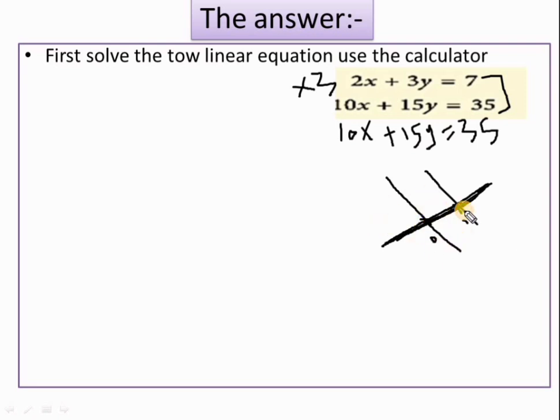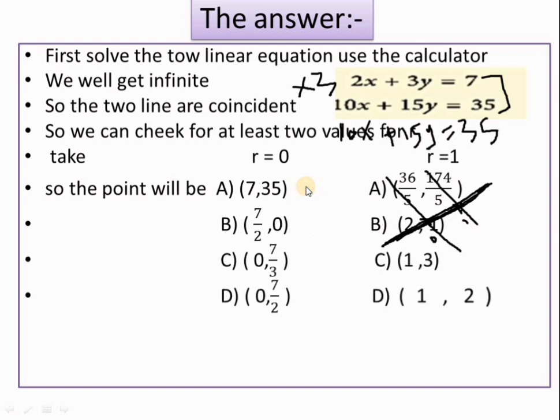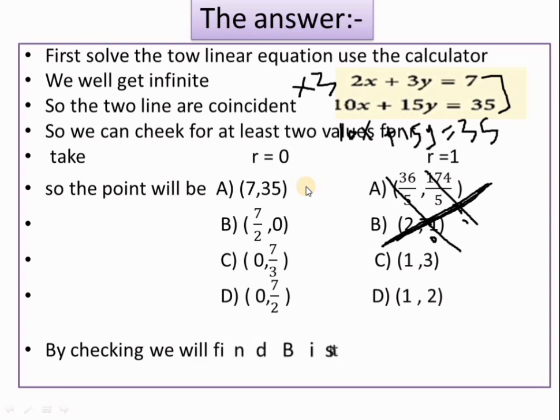So you have to check 2 points and then substitute in the choices, and then you will get values for each x and y, and then you have to check each one. And when you do that, you will find that choice B is the correct one.